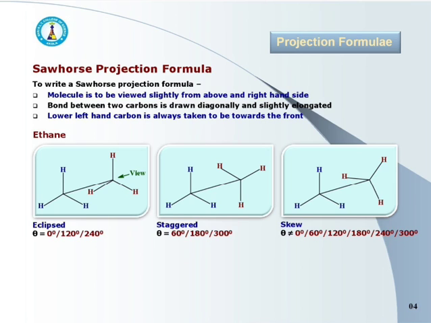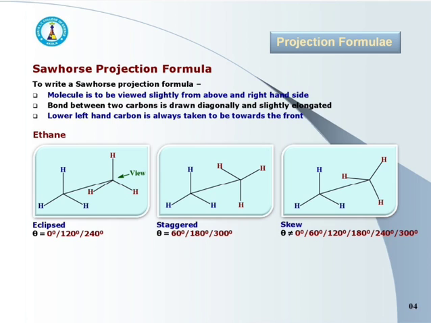In eclipse conformation, dihedral angle theta is 0 degree, 120 degree, or 240 degree. In staggered conformation, it is 60 degree, 180 degree, or 300 degree.